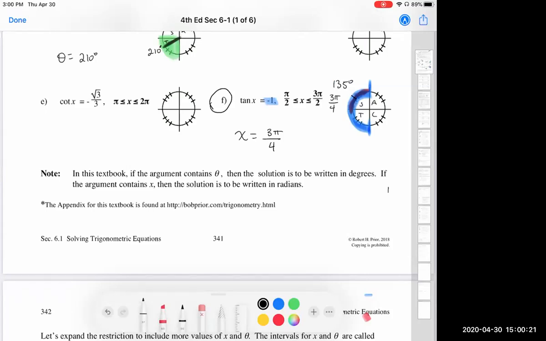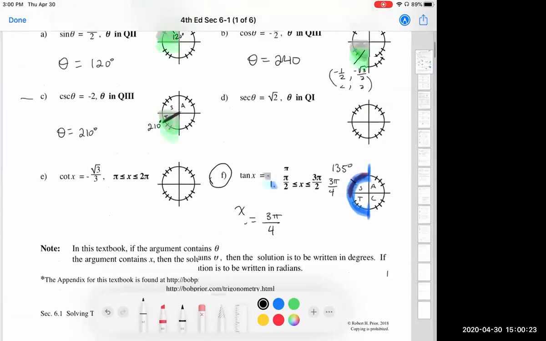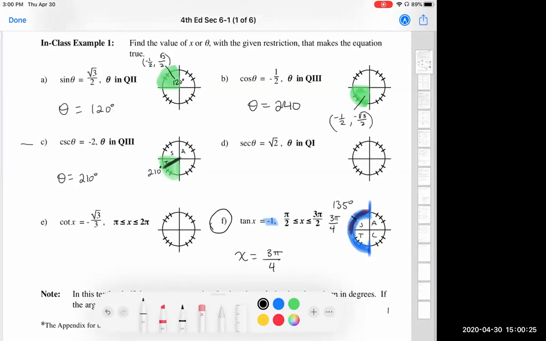Now, why are we doing this? We're recalling what it means to have an argument, a limitation as to what your answer can be. And last time we saw something like this was in chapter 3. They're telling us our argument. It's telling us that theta can only be in quadrant 2, or in B in quadrant 3, or in F between pi/2 and 3pi/2.